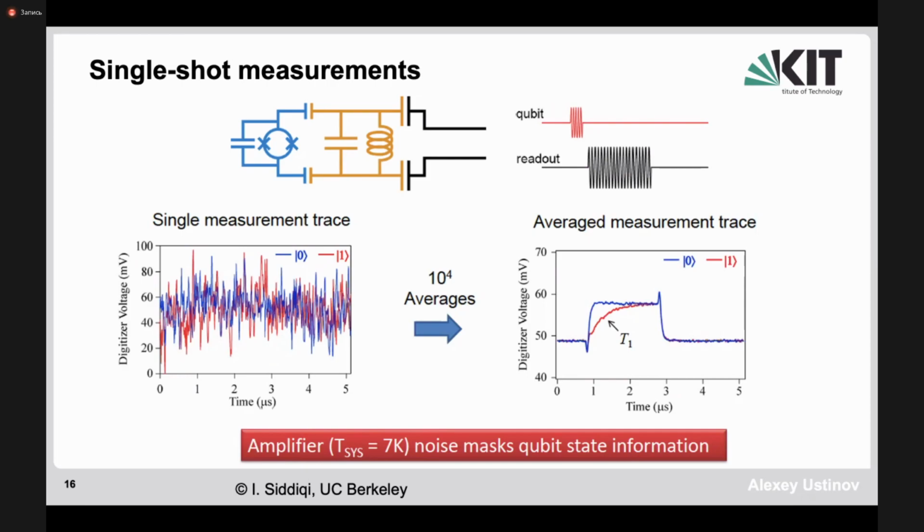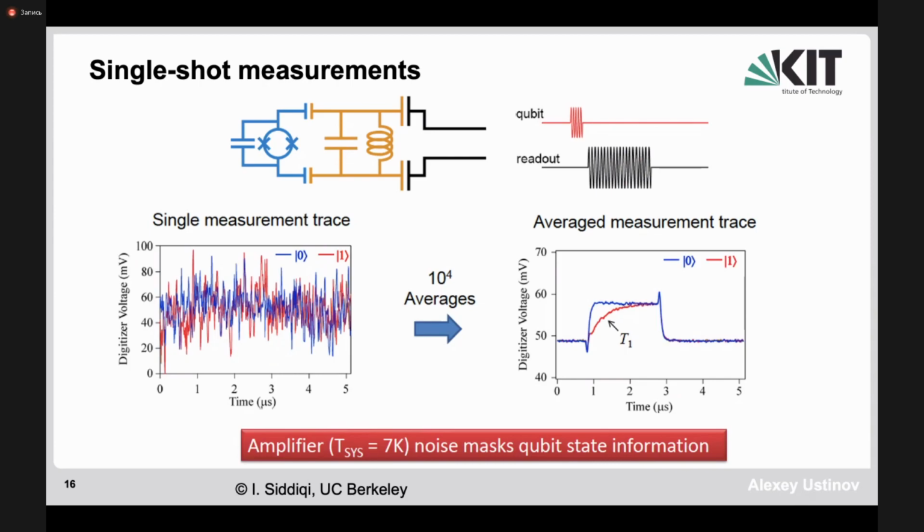You need to couple the qubit strongly enough that it is well coupled to the resonator to measure the qubit state. On the other hand, you don't want to couple it too strongly because the resonator will influence the coherence time of the qubit, and that is a trade-off which one always considers here.